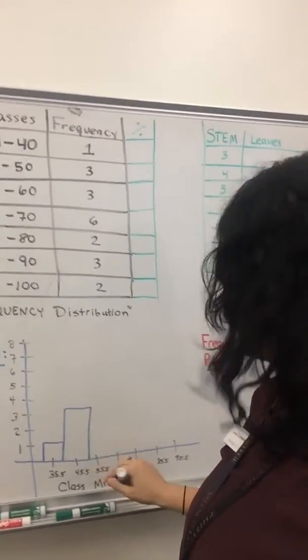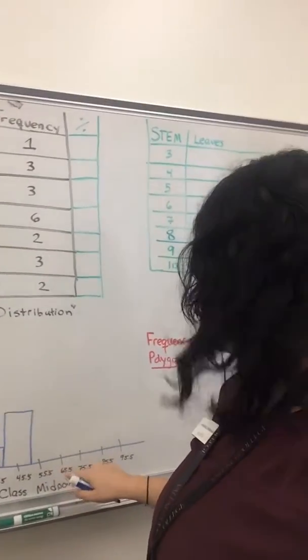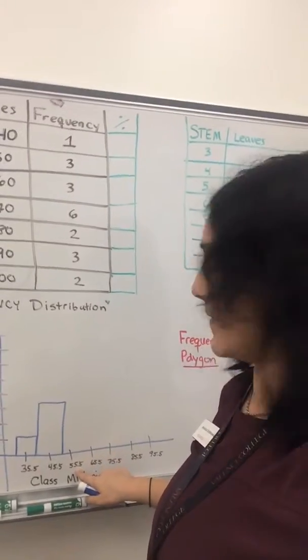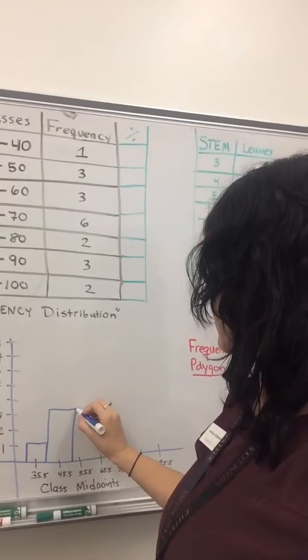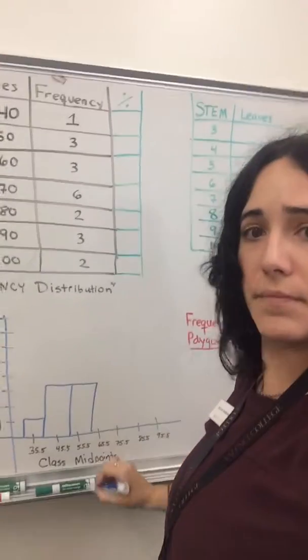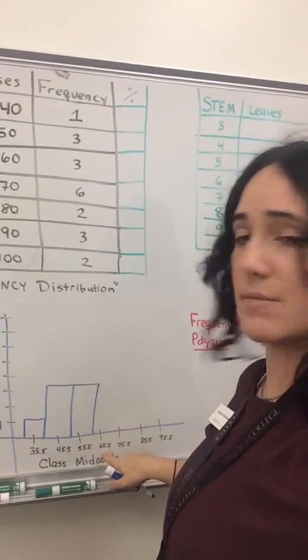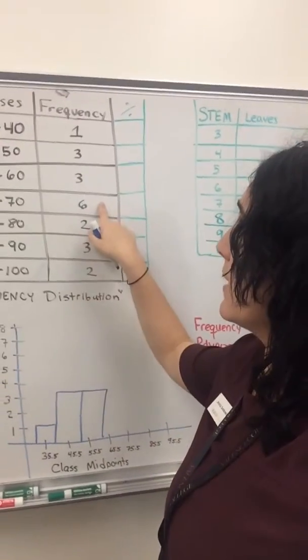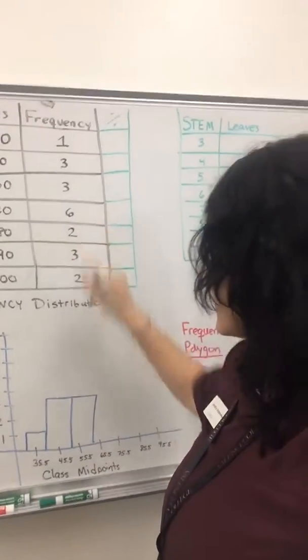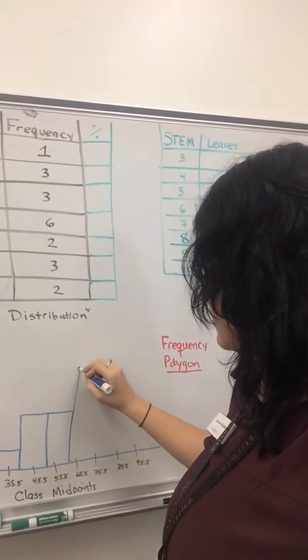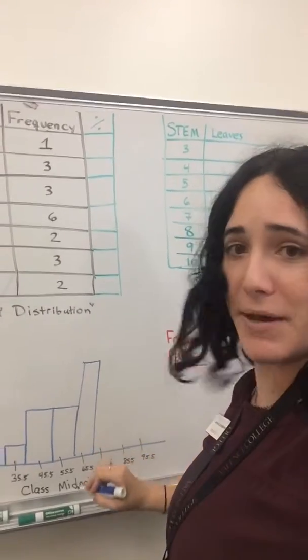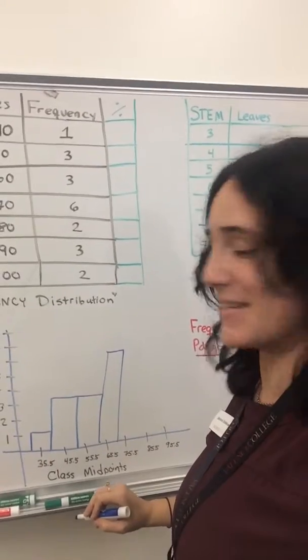Our next bar has a class midpoint of 55.5 and a frequency of 3 as well. Our next bar, class midpoint of 65.5, has a frequency of 6. So we go up to 6. Hopefully your bars aren't leaning like mine are, but you get the idea.